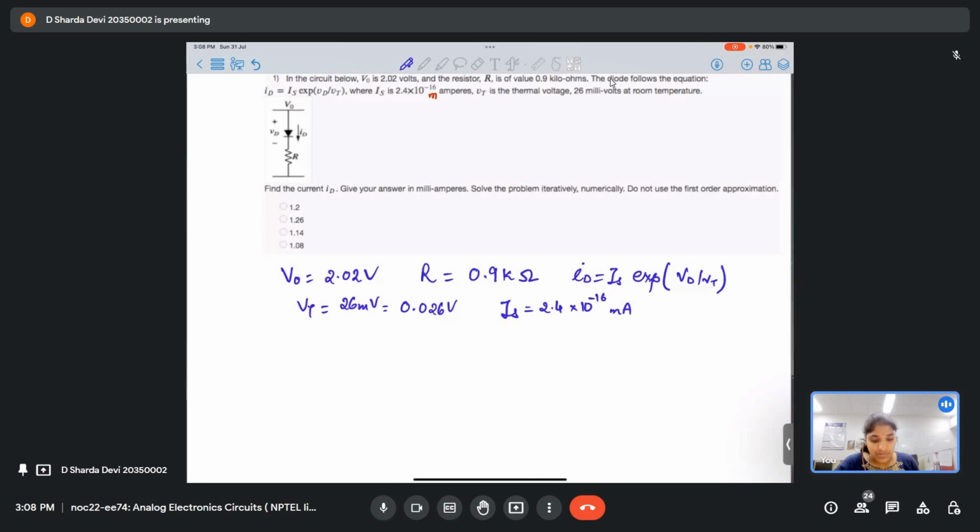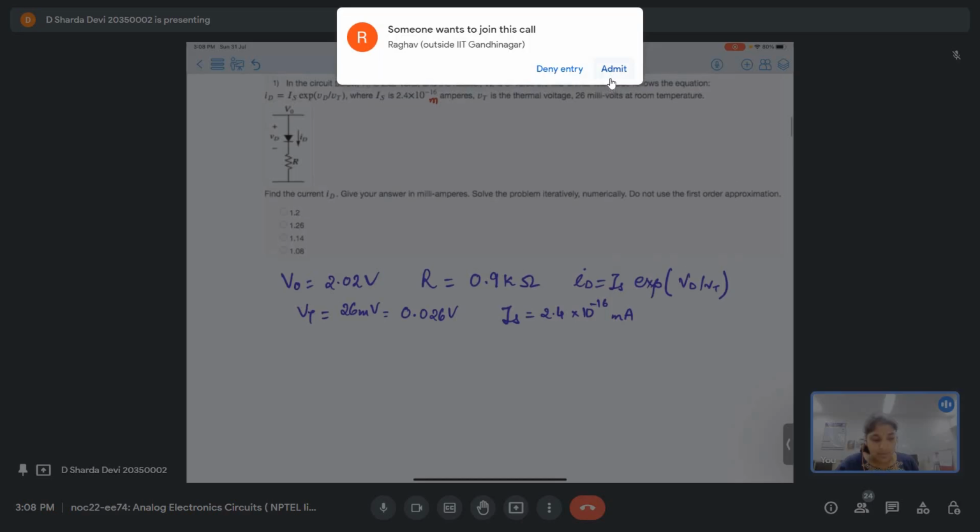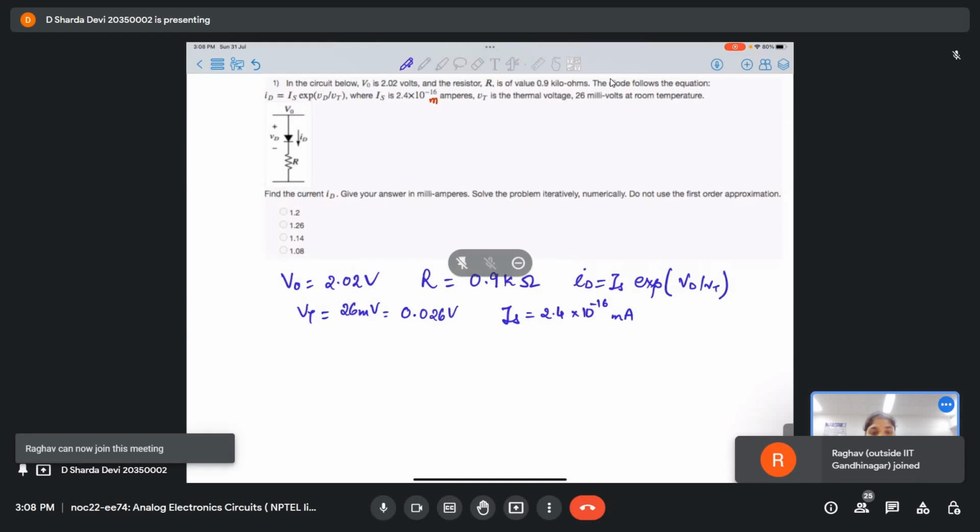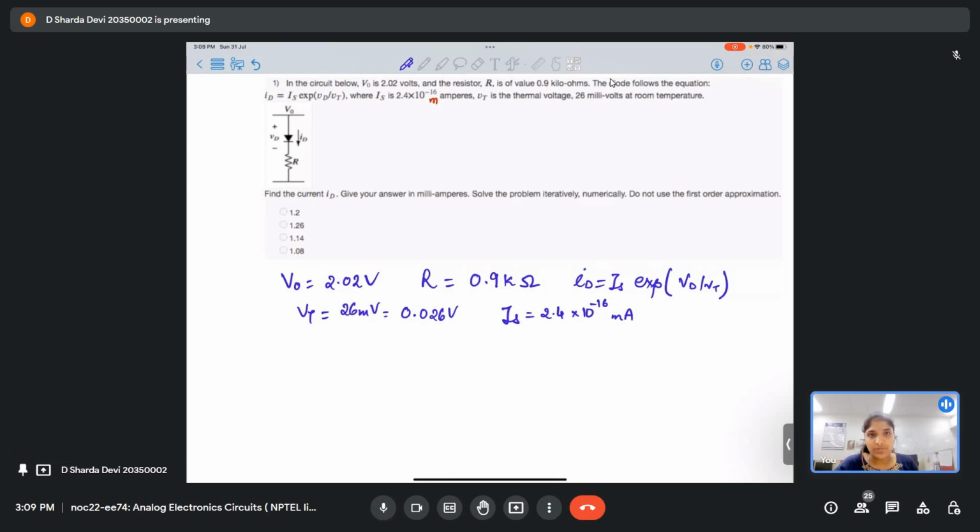First of all, we have to assume a value for Vd, that is the drop across the diode. Most of the time it is already given, so that the answers are uniform. In our case, let's assume Vd to be 0.65 volts. We'll move ahead with this value.